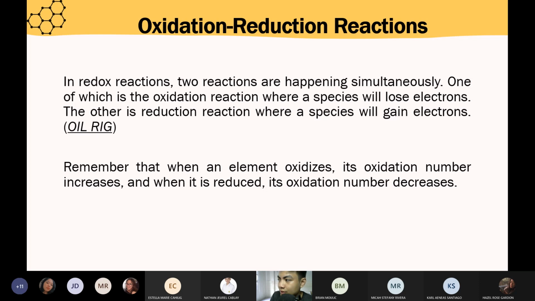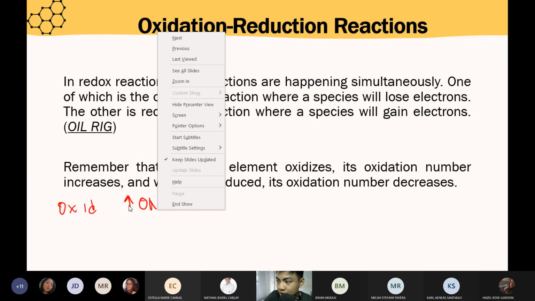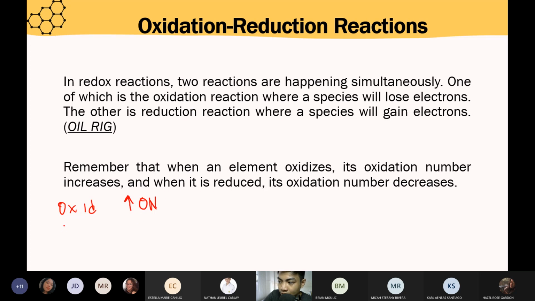Okay? So, yan. So, keep in mind yung ganyang bagay. Okay? So, again, when we undergo oxidation reaction, we will see increase in oxidation number. And if we undergo reduction reaction, you will see a decrease in the oxidation number.